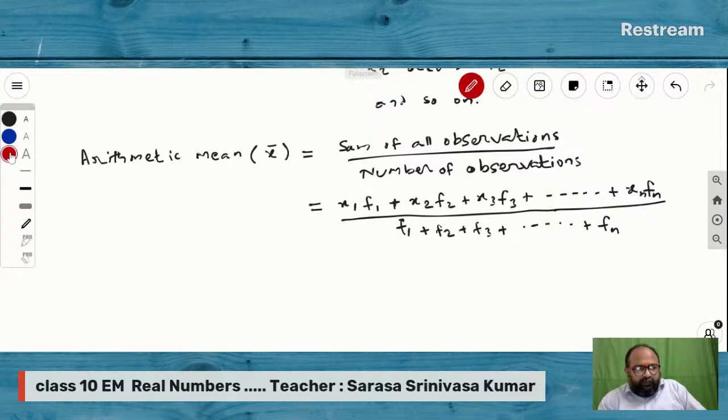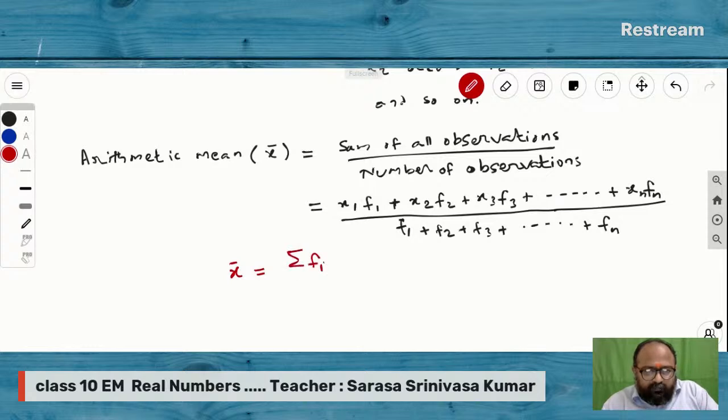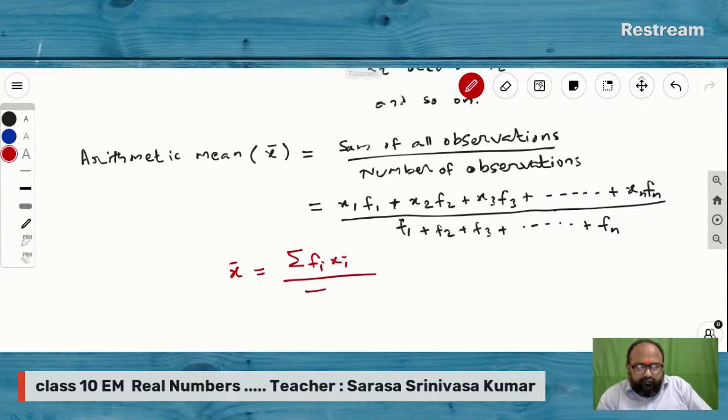So this can be represented as x bar equal to sigma fi xi by sigma fi, where i equal to 1 to n. Here the symbol sigma stands for summation.